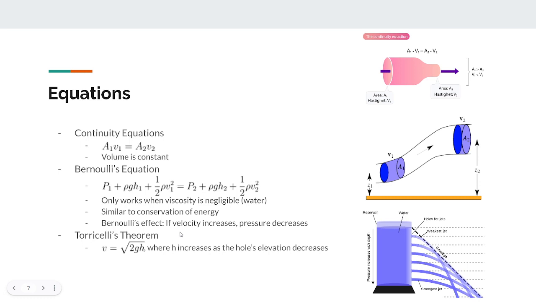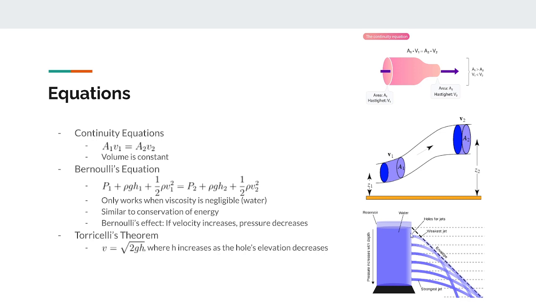And so it's very similar to conservation of energy. And there's something known as Bernoulli's effect that is based on this, which is that if the velocity increases, the pressure will decrease. And so finally, we have Torricelli's theorem, which is our velocity is equal to the square root of 2gh, which looks kind of similar to our kinematics equations, but this is where h will increase as the hole's elevation decreases.